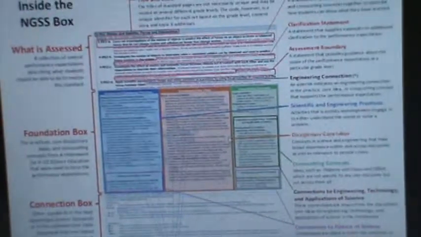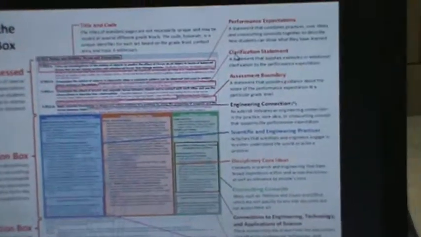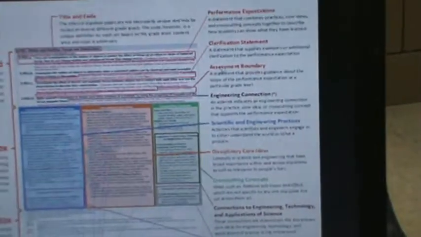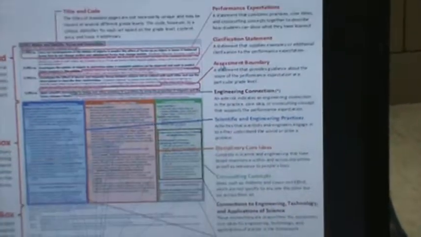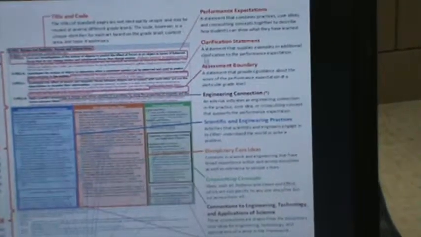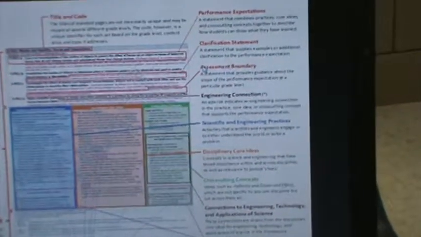And again, with this title, we have 4 performance expectations, but we're going to be looking at the first one. With the performance expectation, we have clarification statements, we have assessment boundaries, and again, that's to help us to understand the performance expectation.